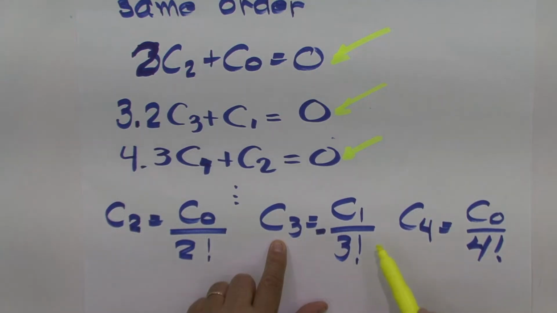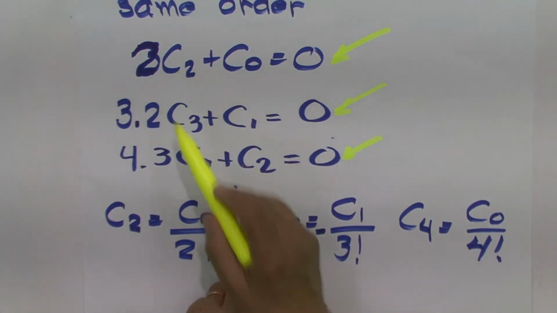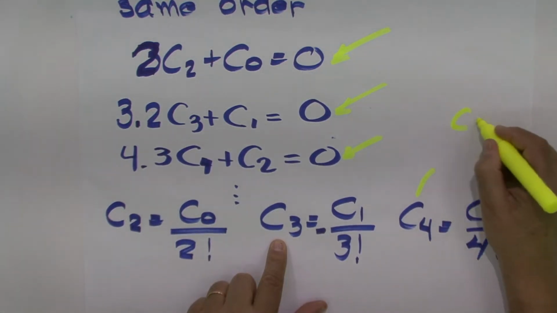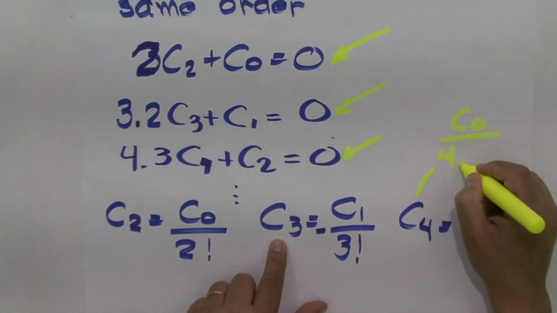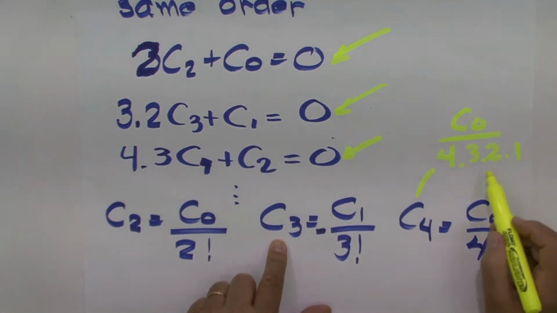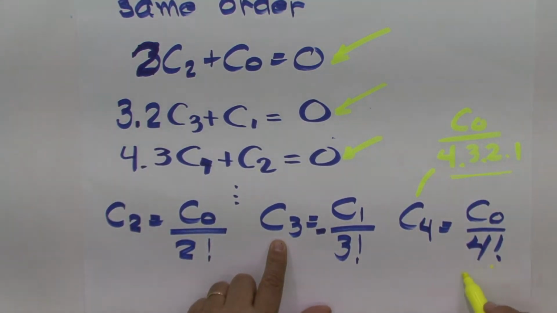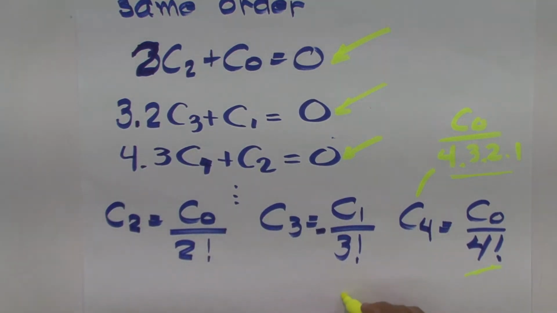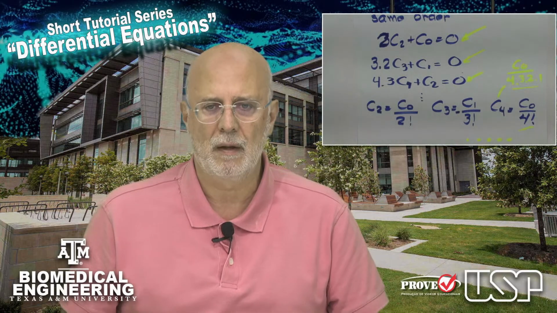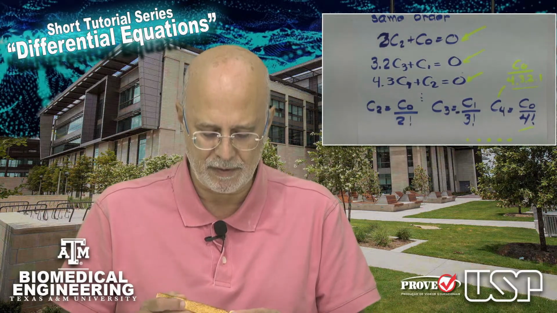But c2 is c0 divided by 2. So for c4, I get c0 divided by 4 times 3 times 2 times 1. The 1 is there all of the time. And this is 4 factorial. So I put 4 factorial here. And keep it going, I could get all the coefficients for this series.